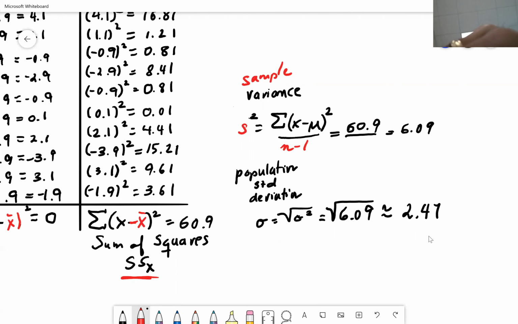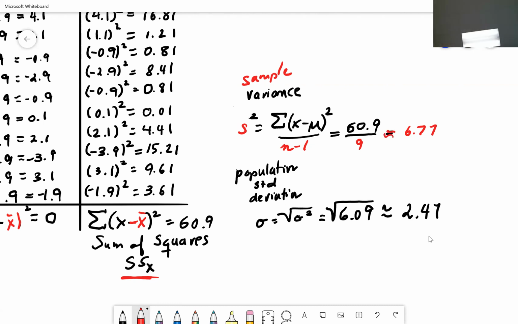So this is going to be 60.9 divided by, instead of 10, you're going to divide by 9. So 60.9 divided by 9 is approximately 6.77.